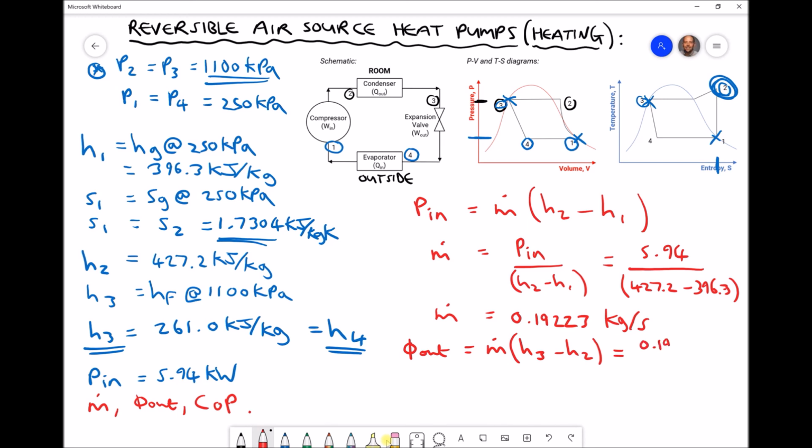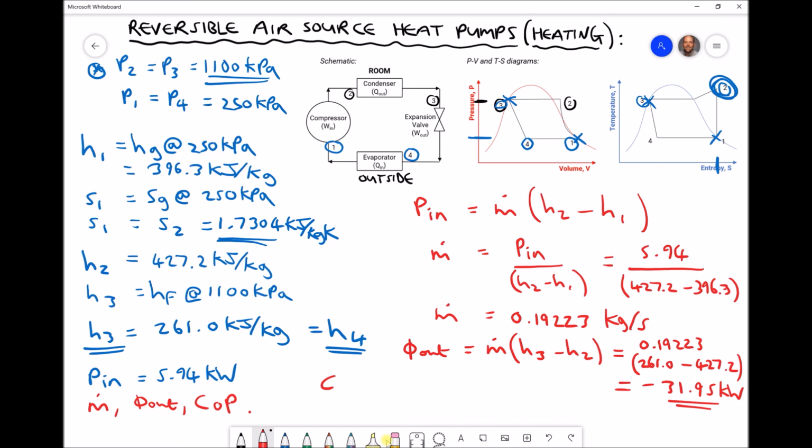We have 0.19223 times H3, 261.0, minus H2, 427.2, which gives us a phi out value equal to minus 31.95. And our units there are kilowatts. The reason it's minus is because energy is leaving the refrigerant. So in actual fact, the heat energy gained by the room is 31.95 kilowatts.